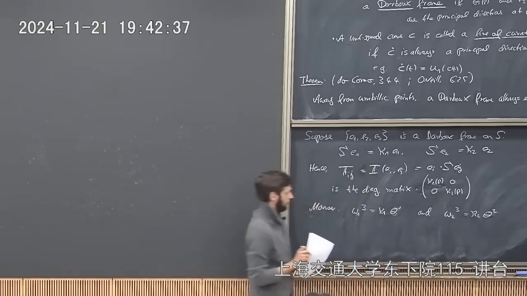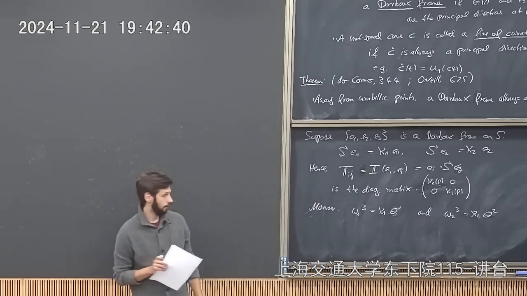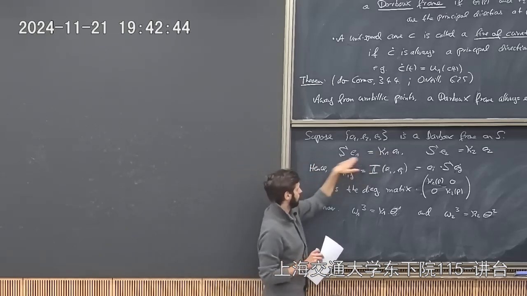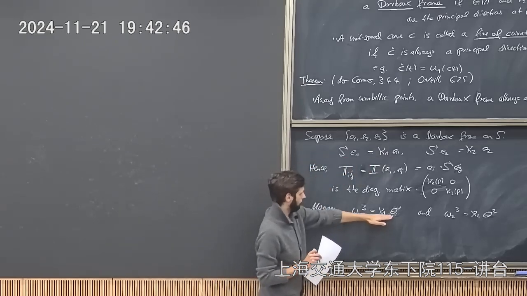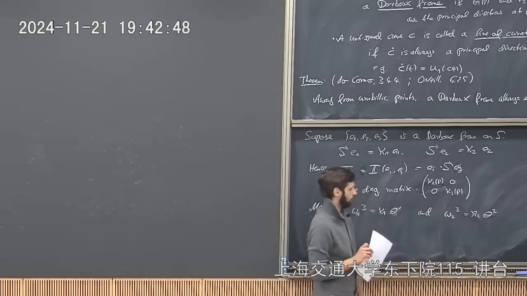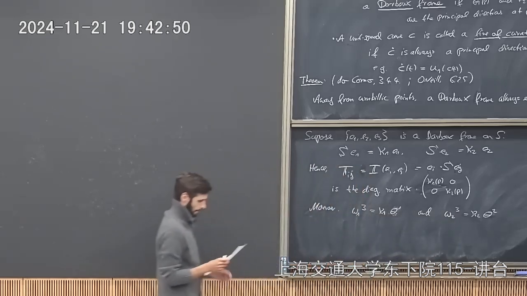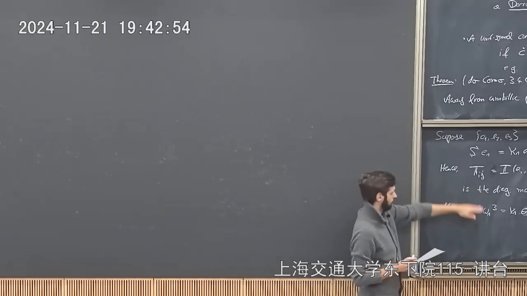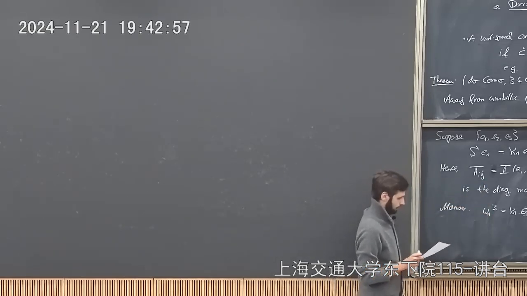Essentially, that follows from the equations that we had last time, plugging in now that E1 is proportional to the S1. So we get the following equations for these connection forms in terms of the coordinates, the frames there.